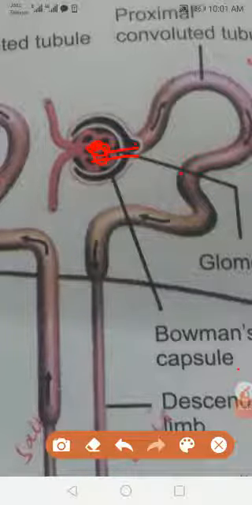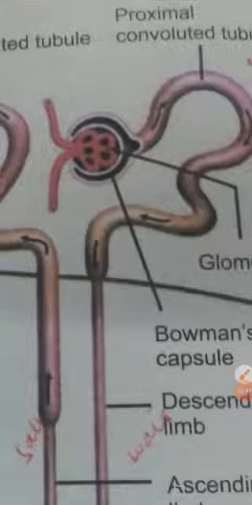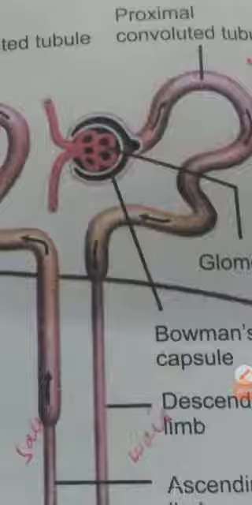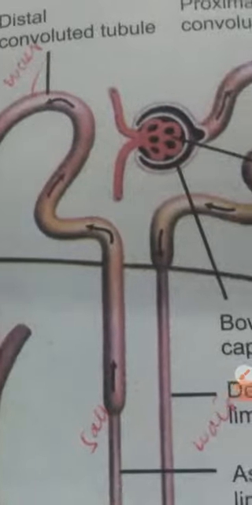The next step after that is selective reabsorption. This selective reabsorption takes place in the next part of the nephron, that is the tubular part: proximal convoluted tubule, loop of Henle, and distal convoluted tubule.